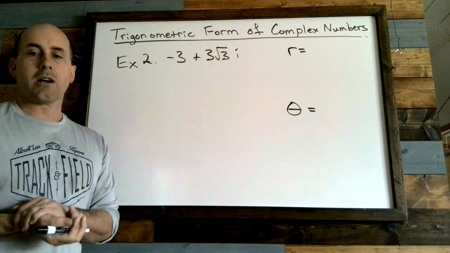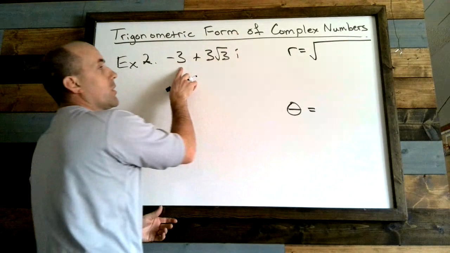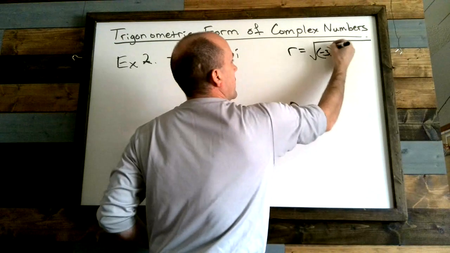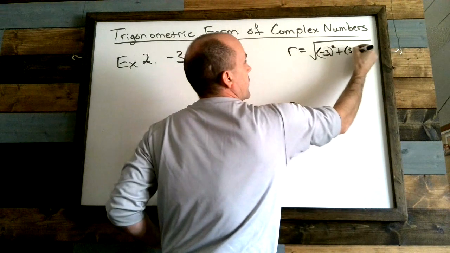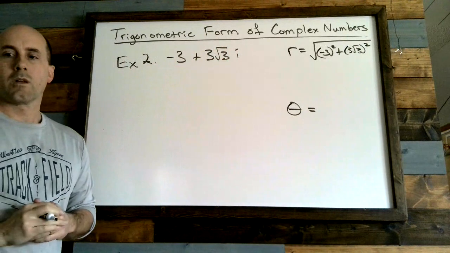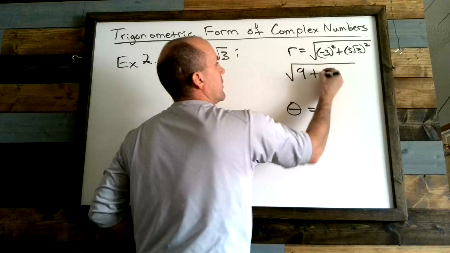How do I find r? I use the square root of a squared plus b squared. So -3 squared plus 3 roots of 3 squared. -3 squared is 9.